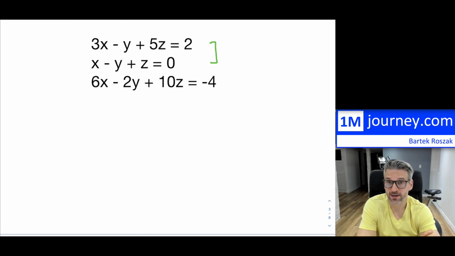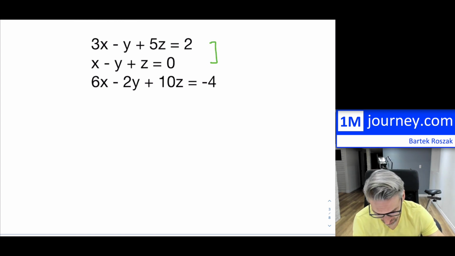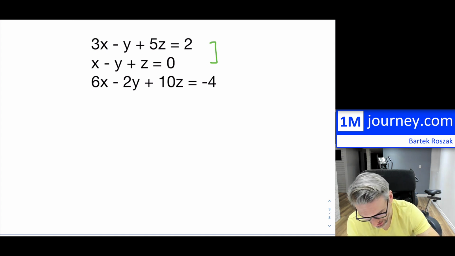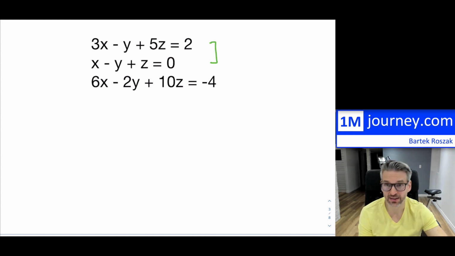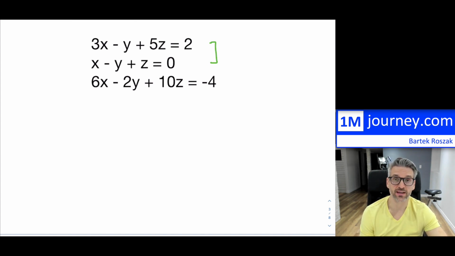For us, I'm just going to use the process of elimination. I'm going to take the two that I just listed here and eliminate. You can eliminate either the x, the y, or the z. And the process of elimination is exactly what you learned in grade 9 or 10.